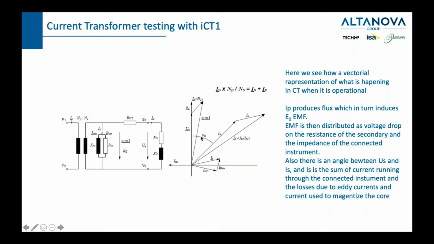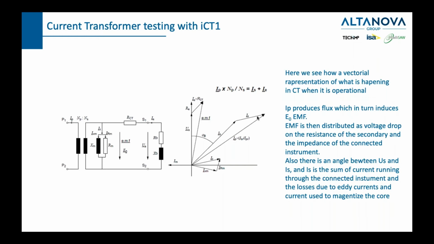And then there is the angle phi b, which is the angle between the voltage and the actual current running through the outer circuit, or the user, or the burden. Of course, to that current you need to add this current here in order to get the primary current which caused all this. So this is just a short explanation of the inner workings of a current transformer.